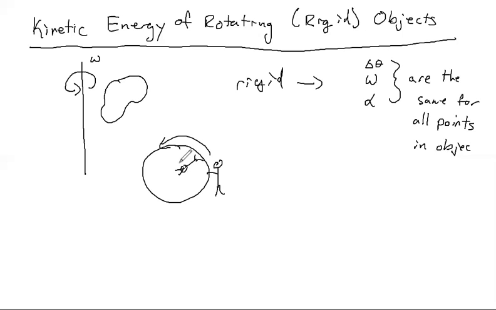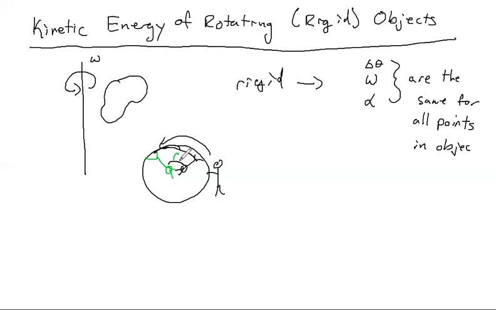So what we notice is, let's imagine in some amount of time, you'll notice that Ryan's head travels this far and his feet will travel this far, so that at a later moment in time, Ryan has moved around and his entire body has spun around. And each point in his body has traveled through the same angle.